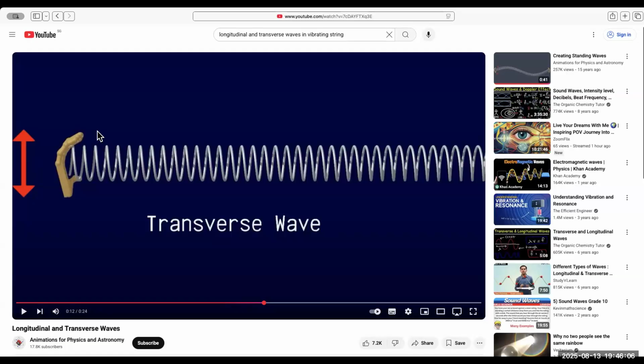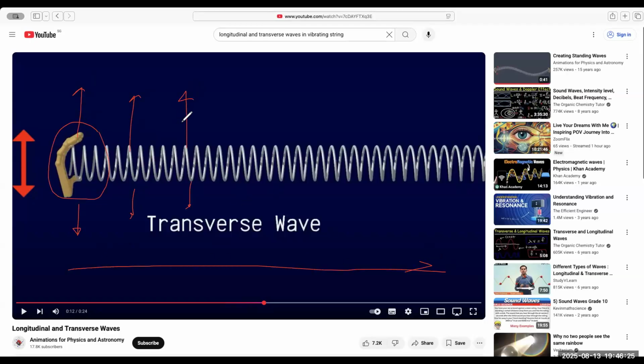You can see this is your hand. The hand is going up and down, so the vibration is up and down. But the direction of energy, which is felt at the end, travels from left to right. So this represents a 90 degrees difference. If I play the video, you can see that.